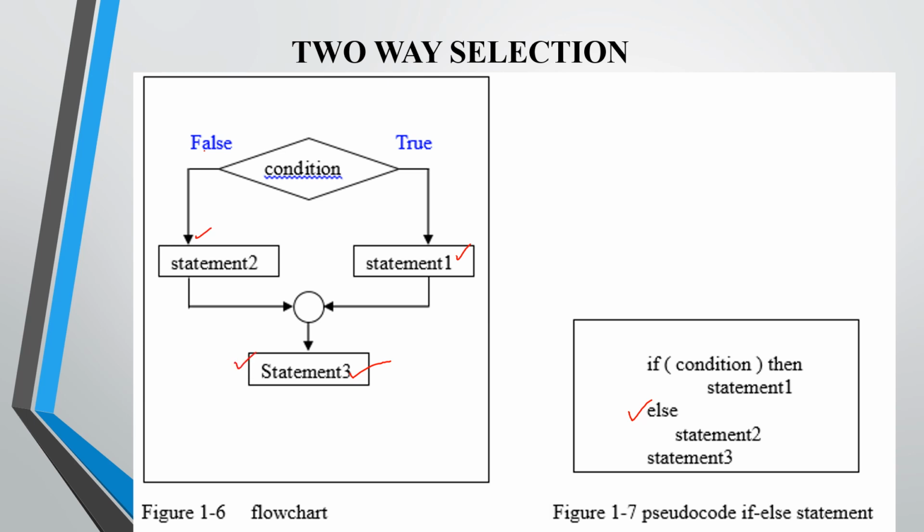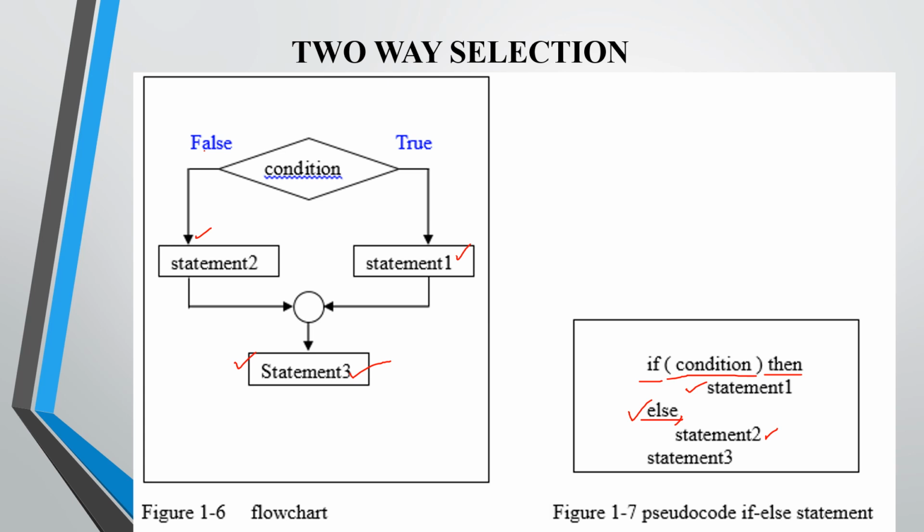In this case, the reserved word if, nasa loob ng parentheses yung condition, and then the reserved word then. If this condition is true, it will perform statement 1, so under that if condition is statement 1. Else, if the condition yields false, then statement 2 is under the else.